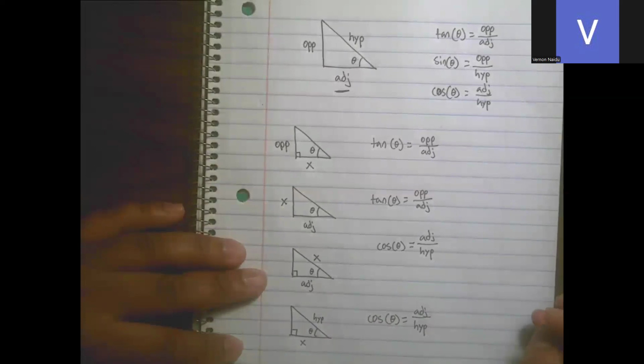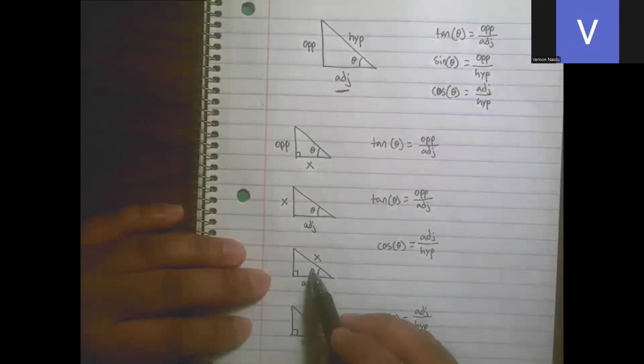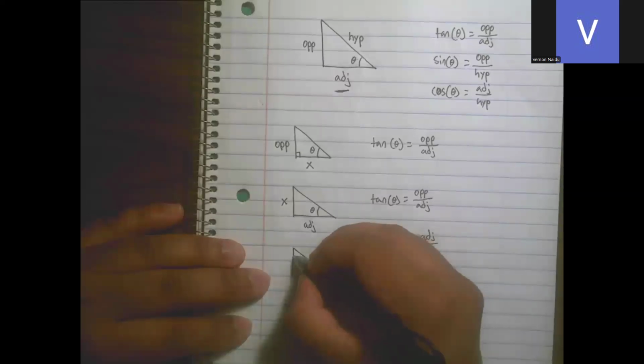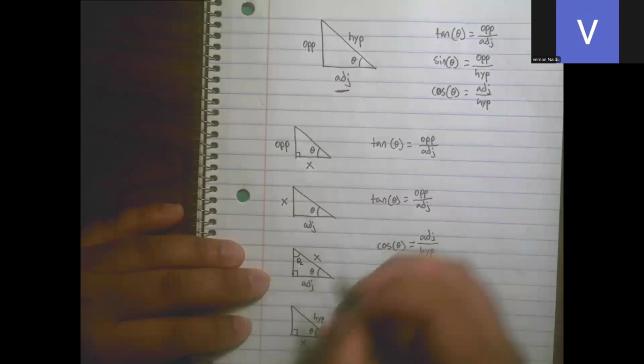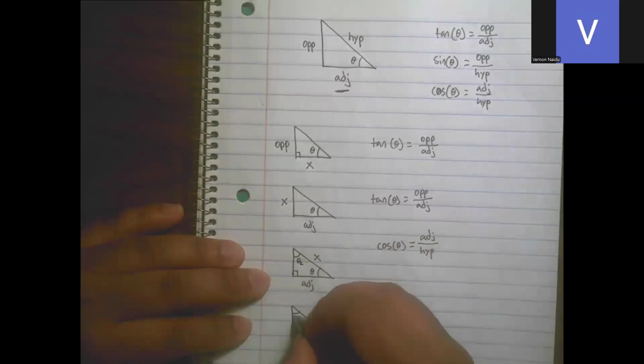Now, when can we use sine? We can use sine here as well, but we have to solve for this missing angle here. So I'll call this theta sub 2. In this case, we can now use sine.